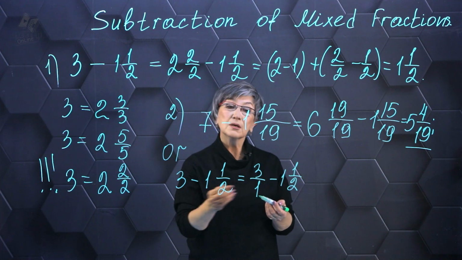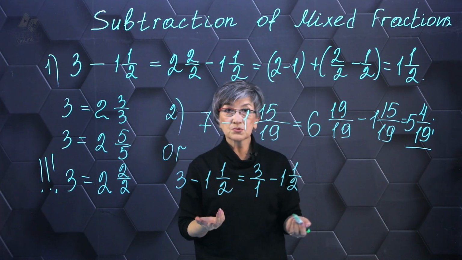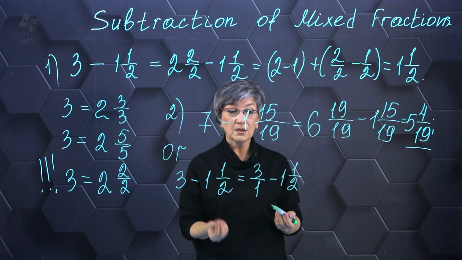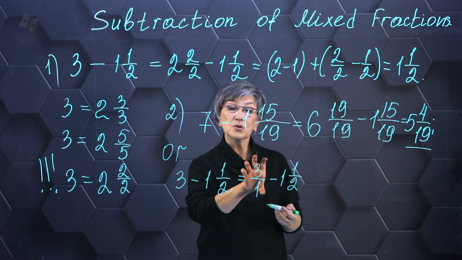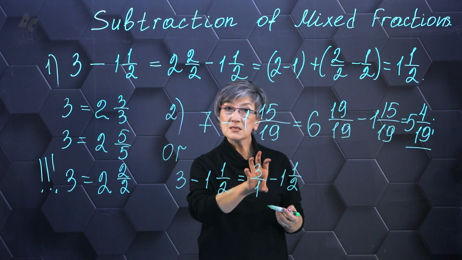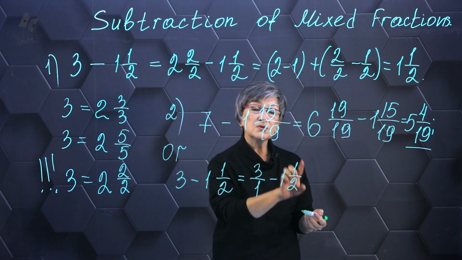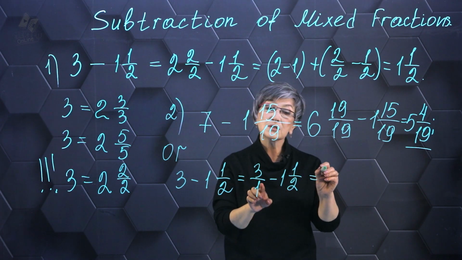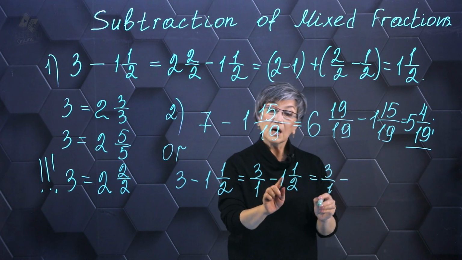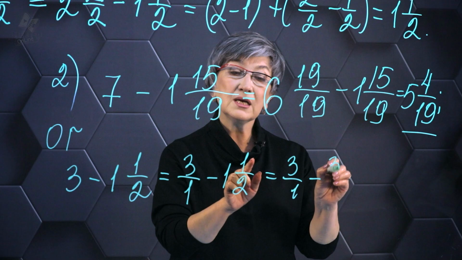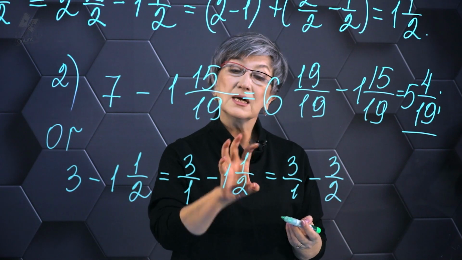But in this case, I need to get to a common denominator, and the common denominator is 2. But what we're seeing here is that the first number is not a mixed fraction. It's an improper fraction. Then let's convert the mixed number to an improper fraction as well. So 1 multiplied by 2 would be 2, 2 plus 1 would be 3/2. One more time.